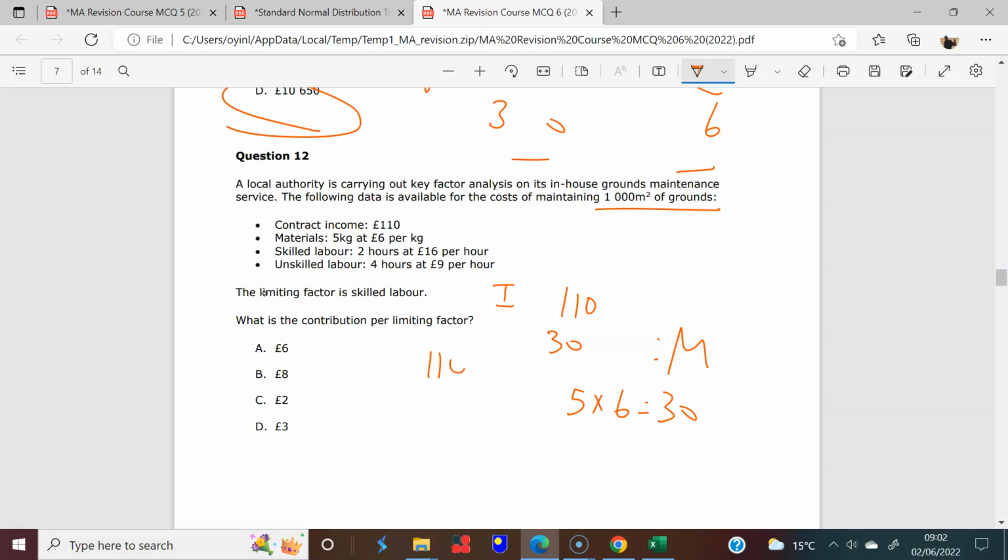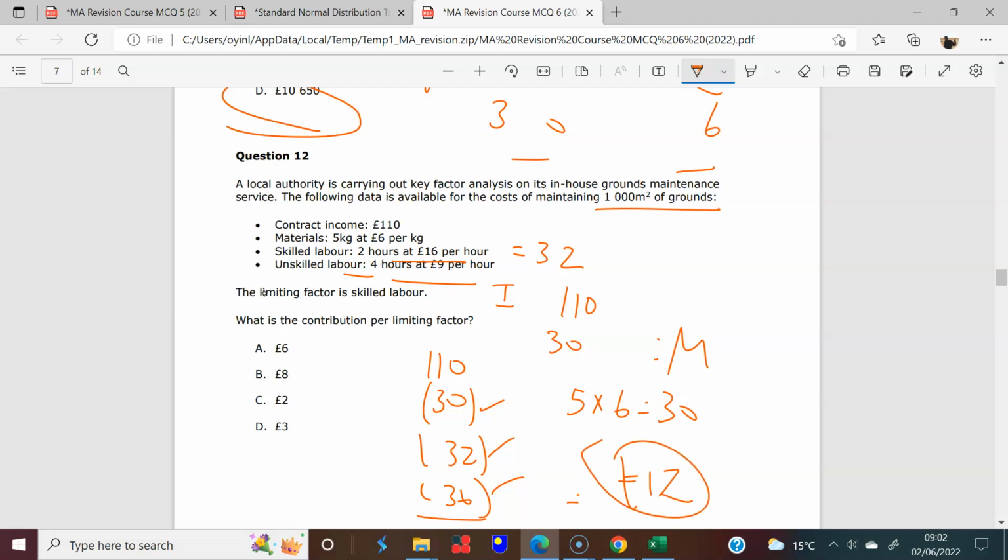Then 2 times 16, which is the skilled labor, which is 32. And then you have further unskilled labor, which is 36. Let's find out what that total contribution is first, isn't it? So you have 110 minus 30 minus 32 minus 36. You have £12.